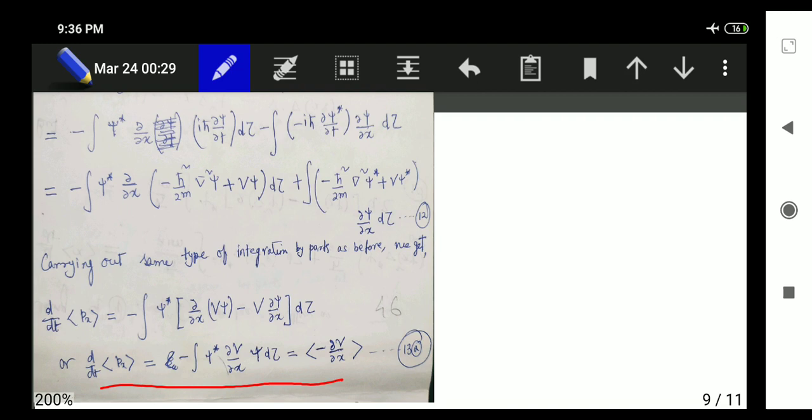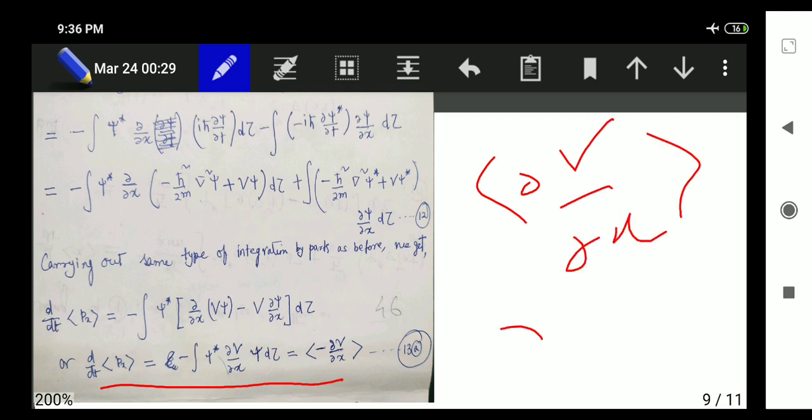Since the potential's operator is the potential itself, but here you are getting del v del x, if you are trying to calculate this, its operator will be del v del x itself. So that's what you are getting here. Which is equivalent to the expectation value of del v del x.